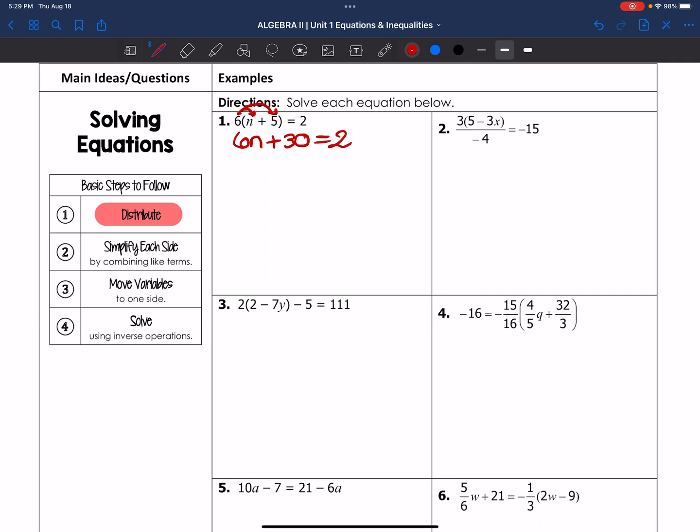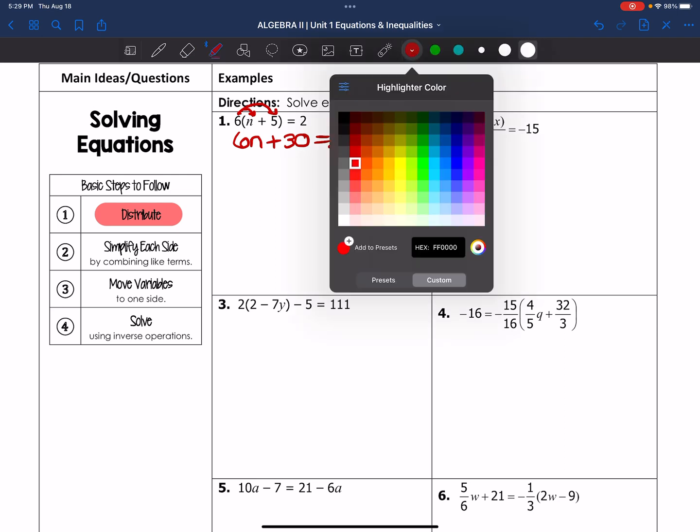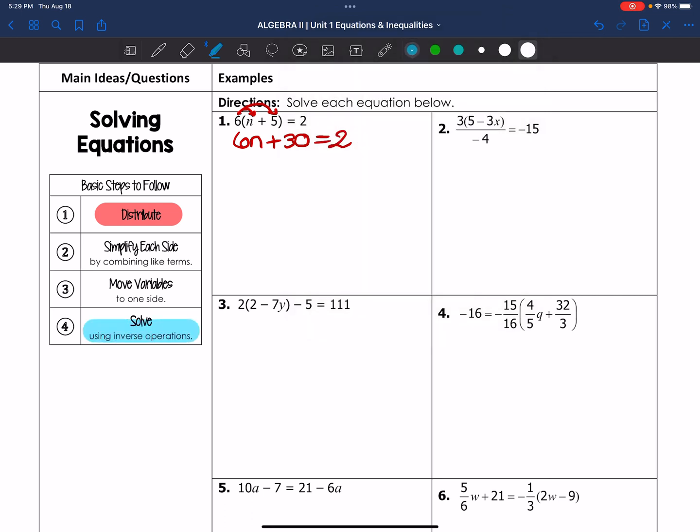Now, I want to make a little note here as I highlight this final step. When we are using our inverse operations, we want to make sure that the first inverse operation is to do the additive inverses.